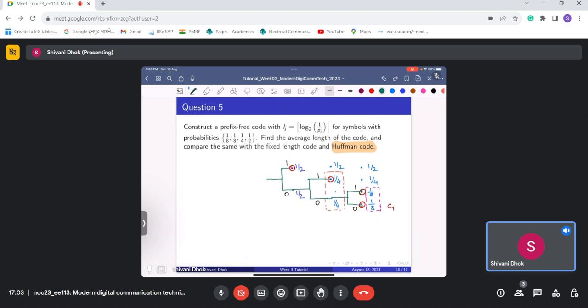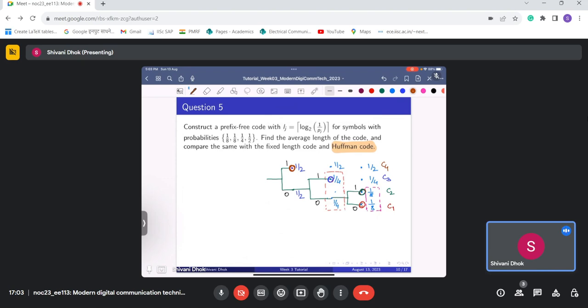Then this leaf node here corresponds to symbol C2, which is this. This one is the leaf node corresponding to C3, and this one is the leaf node corresponding to C4. This is a simple binary tree.